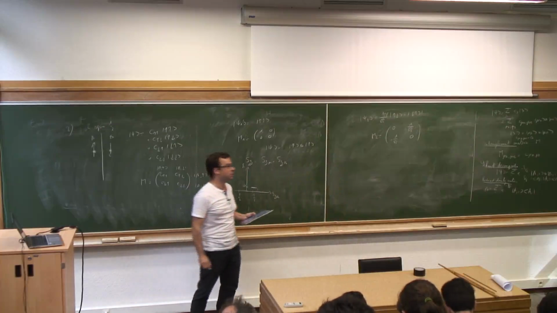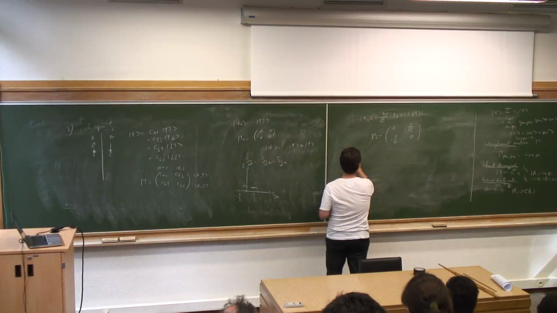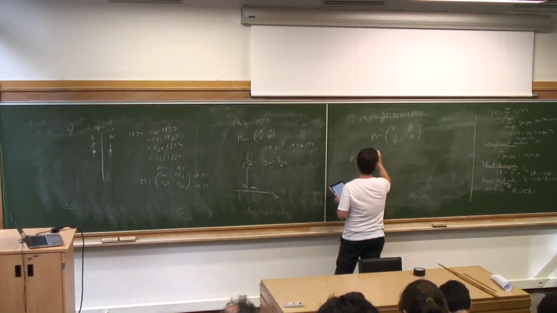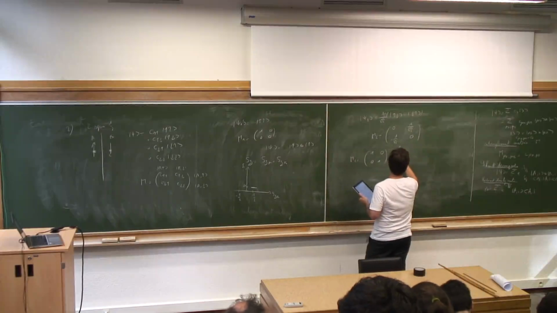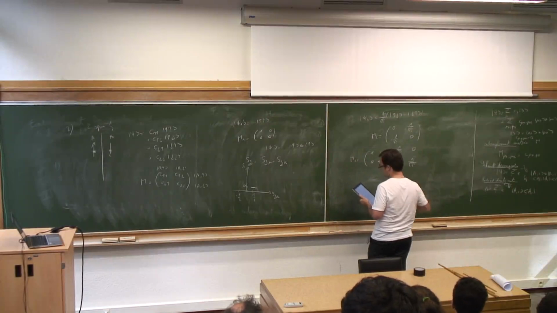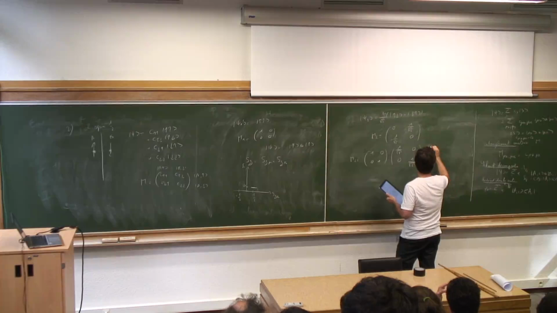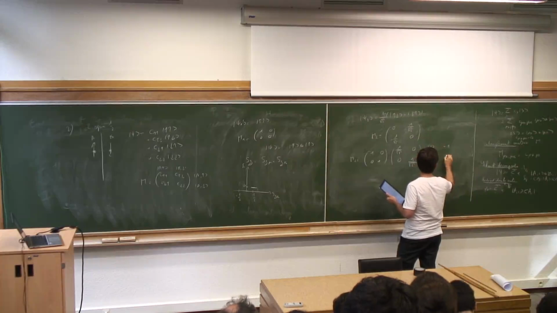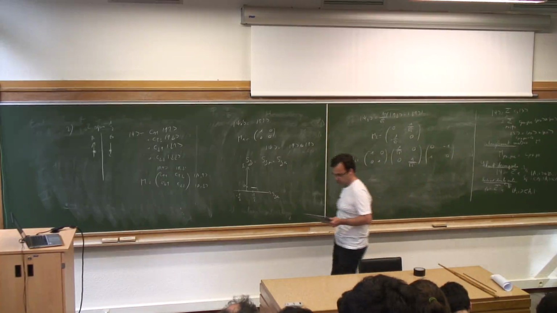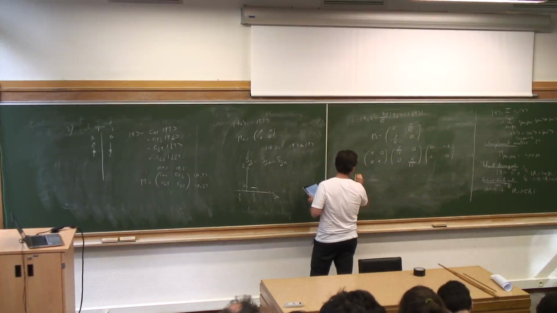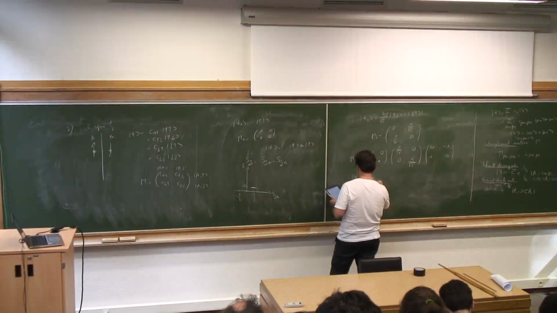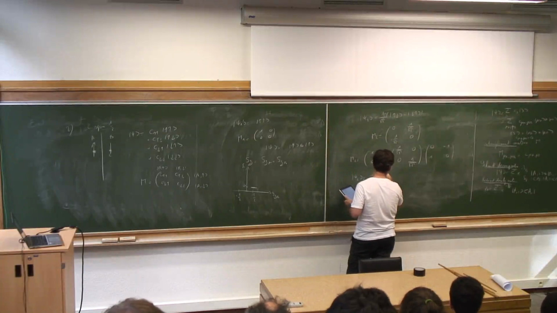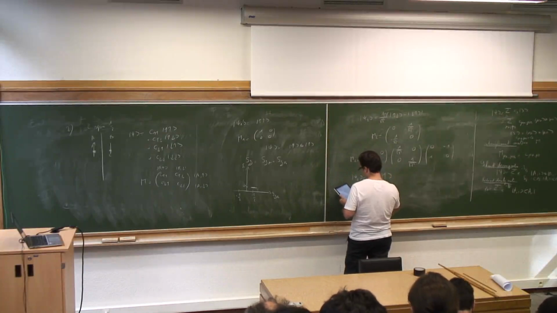You can do the SVD for this state. So you can rewrite M as the identity matrix, times 1 over square root of 2, 1 over square root of 2, 0, 0, times 0, minus 1, 1, 0. And so you can rewrite your state as a Schmidt decomposition.